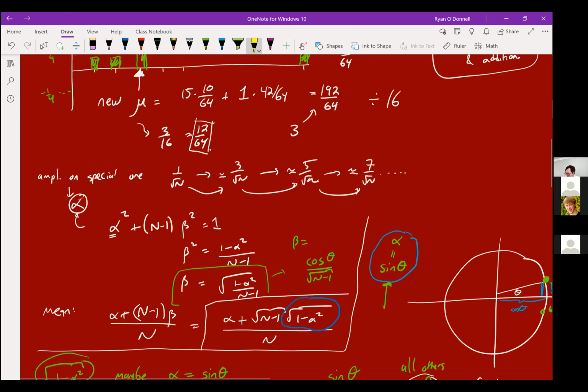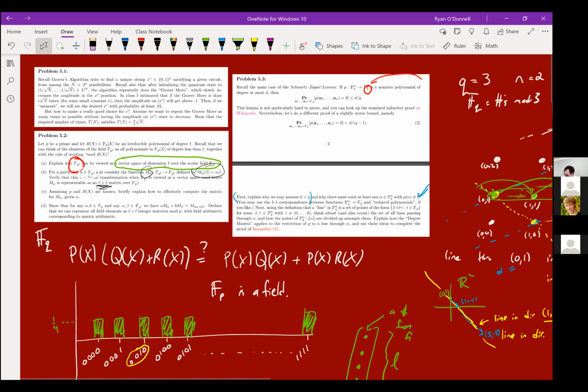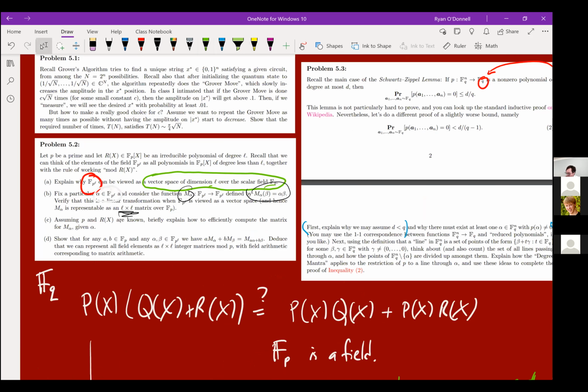Okay. I don't know if that's true or not, but the way the thing is actually phrased is in a bit of an abstract linear algebra way.